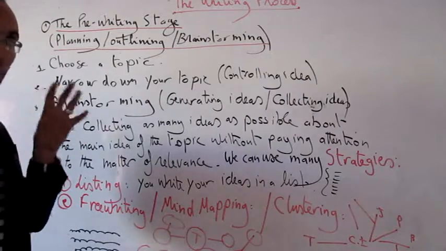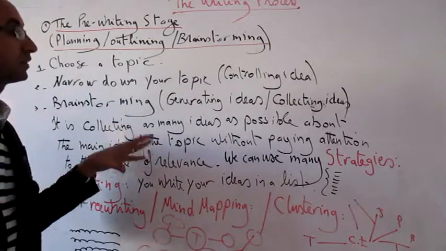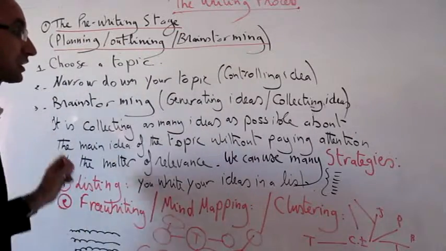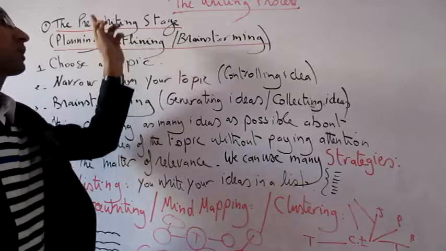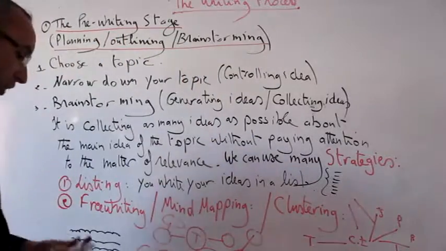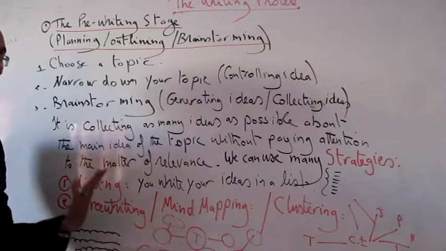Clear? It represents the core, the heart, and the pillar of all this stage. That's why it's called either pre-writing, planning, outline, or brainstorming. Clear? So here are the strategies you can follow and use.